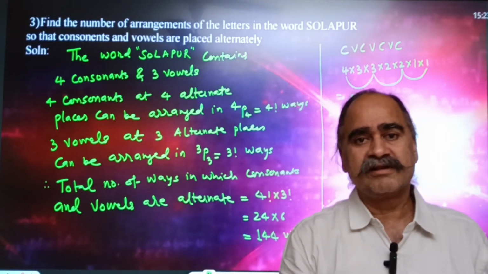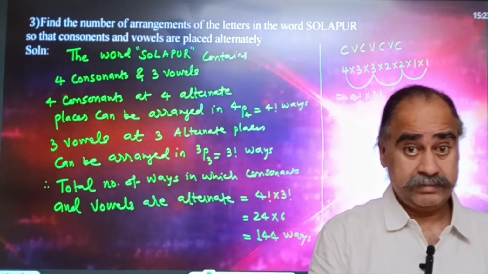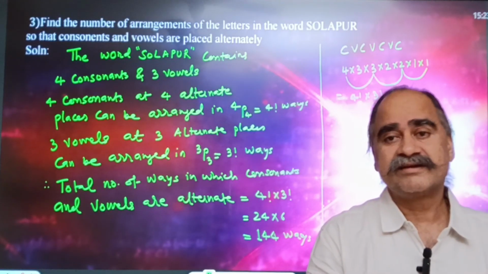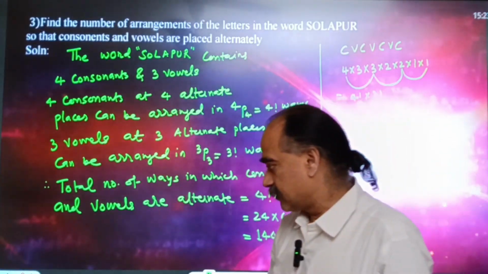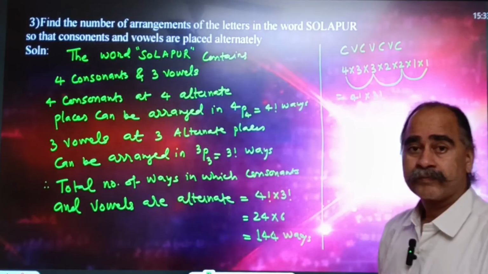If consonants and vowels are equal in number, then there will be two possibilities: VC, VC, VC or CV, CV, CV.